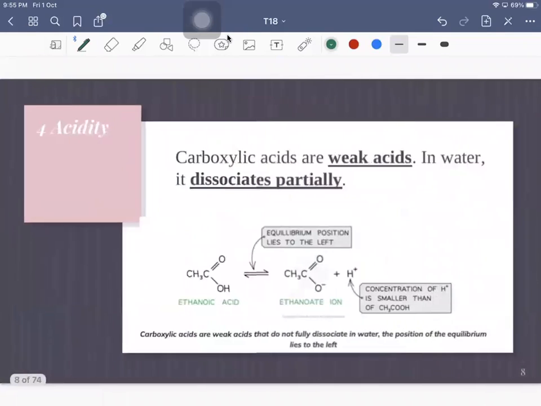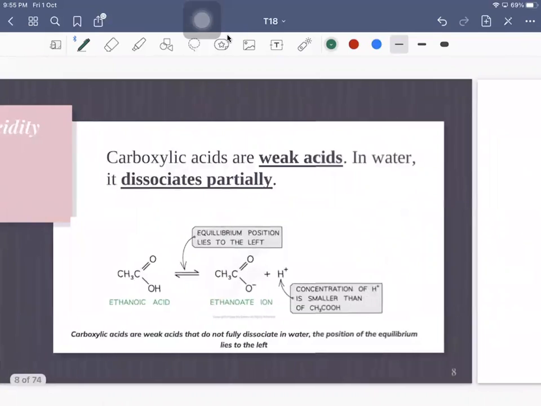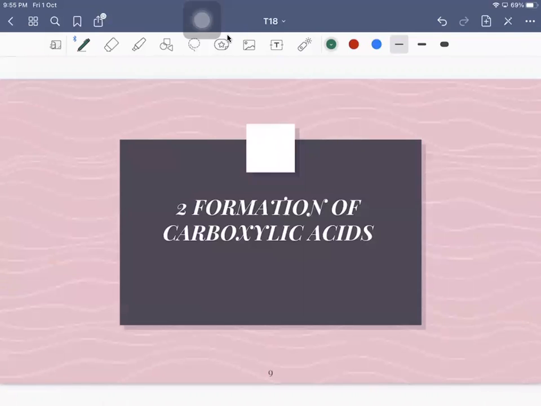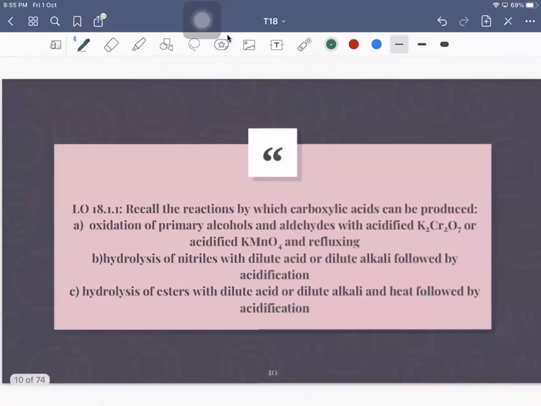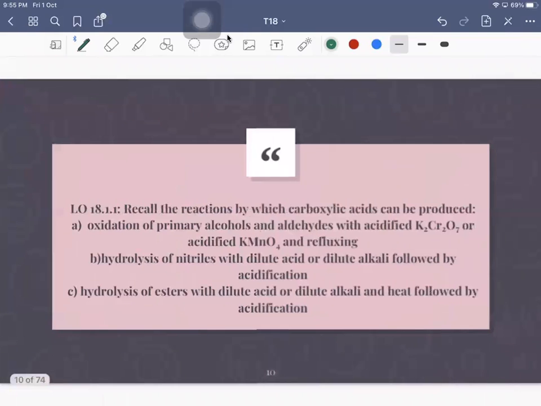Okay, moving on. Now we look at the formation of carboxylic acids. You've seen a few examples that show the formation of carboxylic acids. So this is the learning objective, where you form carboxylic acids from the oxidation of primary alcohols and also the oxidation of aldehydes using an oxidizing agent, acidified potassium dichromate or acidified potassium manganate.